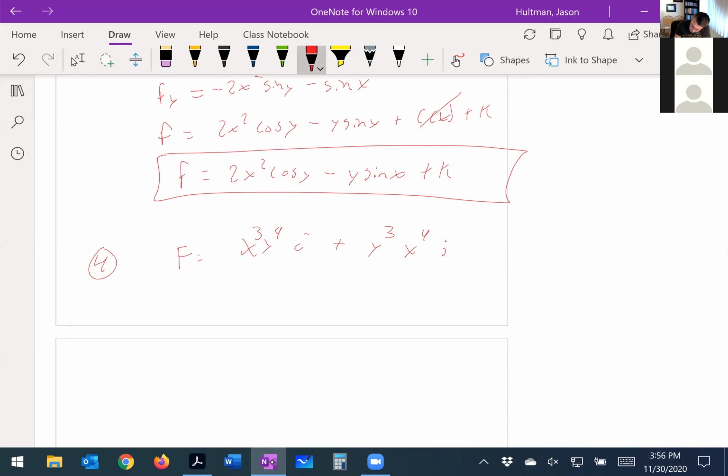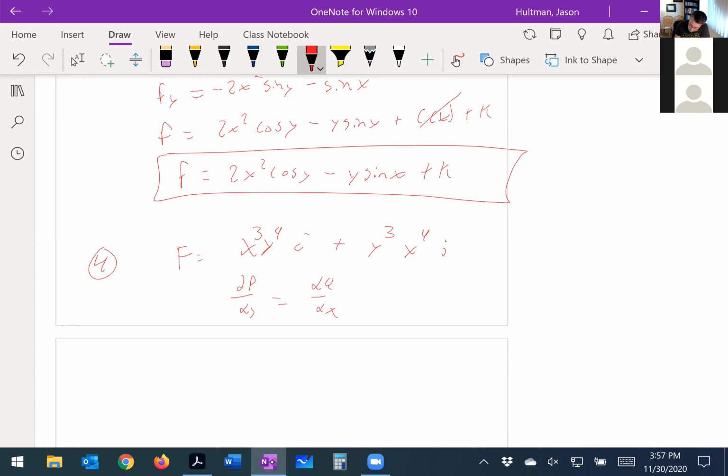That's number 4. Okay, so is it conservative first? Obviously it is, because they're telling us that it is, that we can do this. But let's just check it. dP/dy, is that equal to dQ/dx?